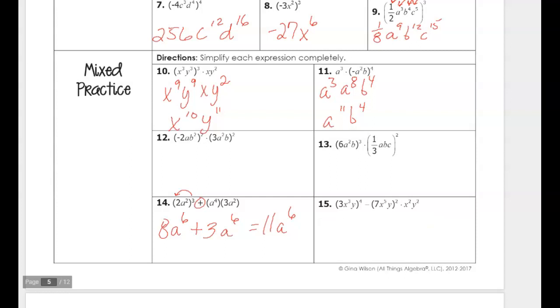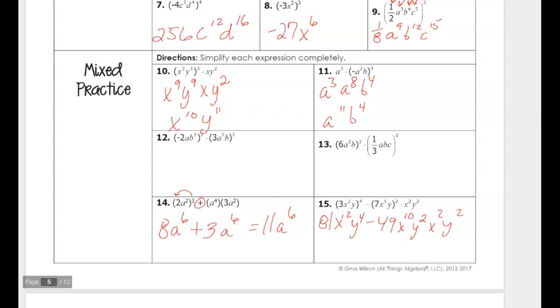Okay, and last one we'll do, 3 to the 4th is 81, and then x cubed to the 4th power is x to the 12th, y to the 4th, and then we're going to subtract 7 squared is 49, x to the 5th raised to the 2nd power is x to the 10th, and then y squared, and then this x squared, y squared drops down.